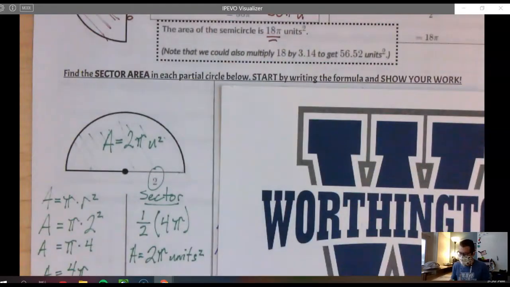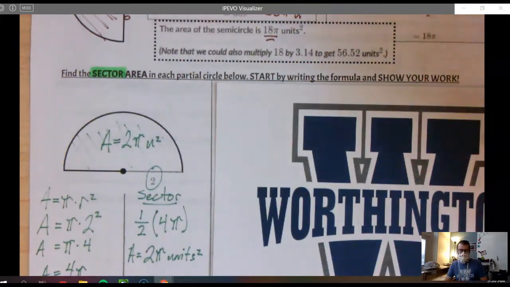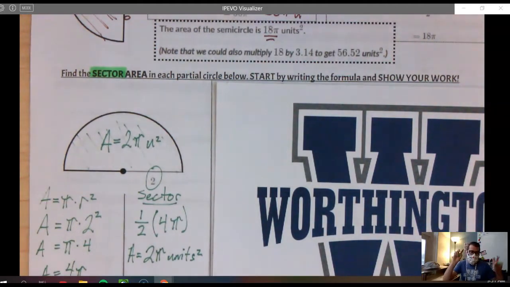All right, down here, by the way, vocab, and if you play video games, this might start to make a whole lot of sense. A sector is a portion of an area, right? So a sector, now specifically in circles, a portion of a circle is going to be like a semicircle, a quarter circle, something like that. But if you've ever heard of places like Sector 7, it's just a part of a place.